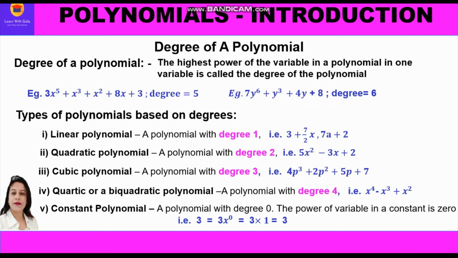We can use y, we can use z, but only one variable with the power 0. Now anything raised to power 0 is 1. So we can write 3 into 1 is equal to 3. That is why constants are written like single numbers like 3, 4, 5, minus 12, 15 and so on. Such polynomials which have degree 0 are known as constant polynomials.